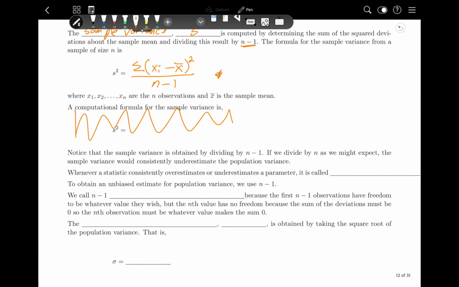Now notice that the sample variance is obtained by dividing by n minus 1. If we divide by n, as you might expect, like we did for the population, the sample variance would consistently underestimate the population variance. In general, when you use n, you are dividing by too large of a number and you consistently get a variance that's too small.